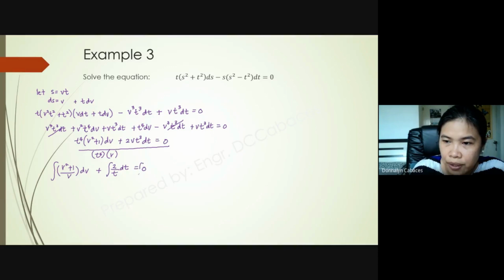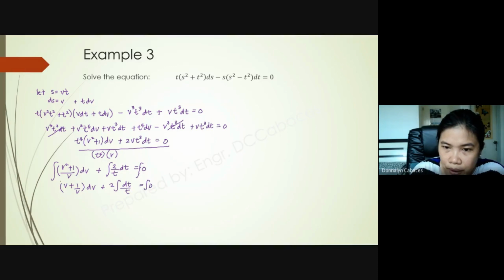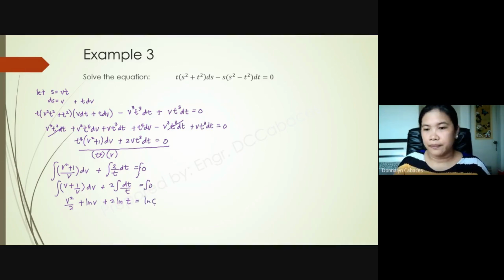So how do we integrate the first term? We divide it first. So that is v plus 1 over v dv plus 2, the integral of dt over t, is equal to the integral of 0. So the integral of v dv is v squared over 2, the integral of dv over v is ln of v, plus 2 ln of t is equal to ln of c. Okay?